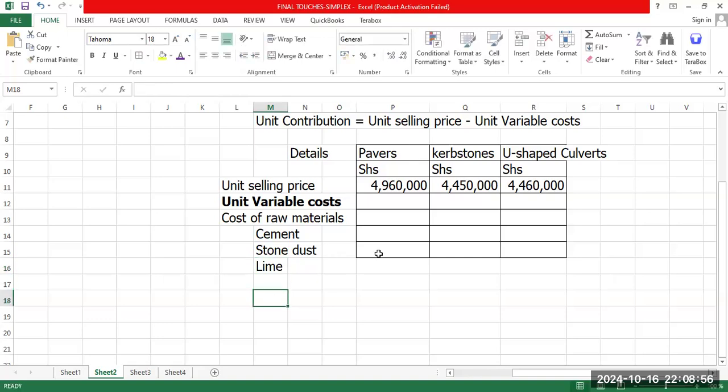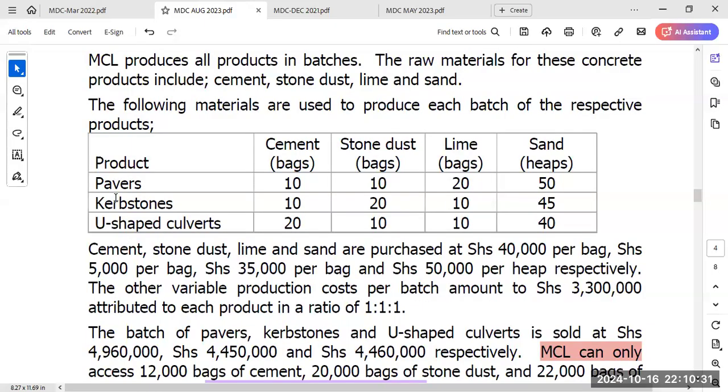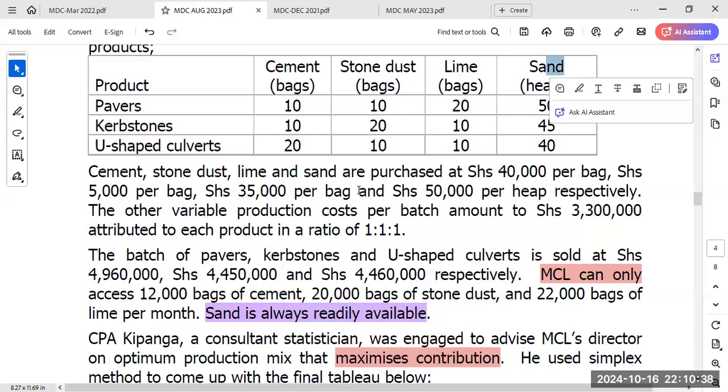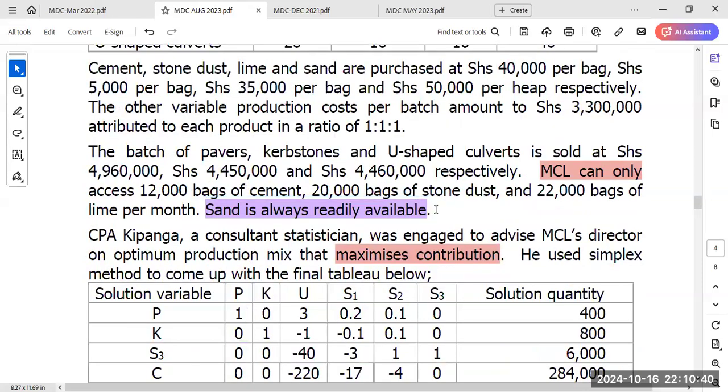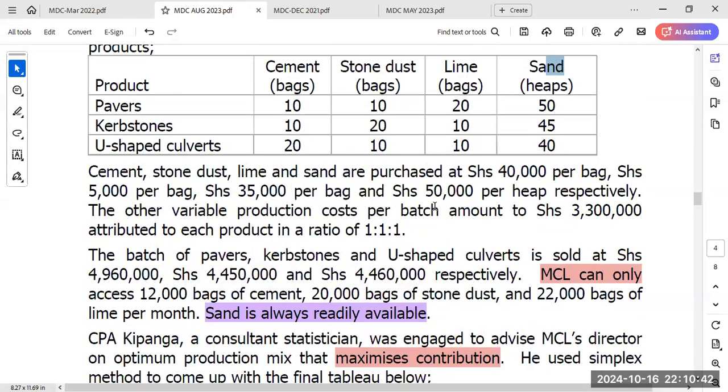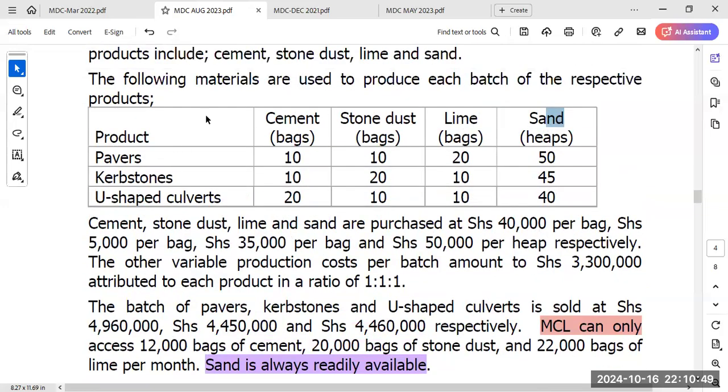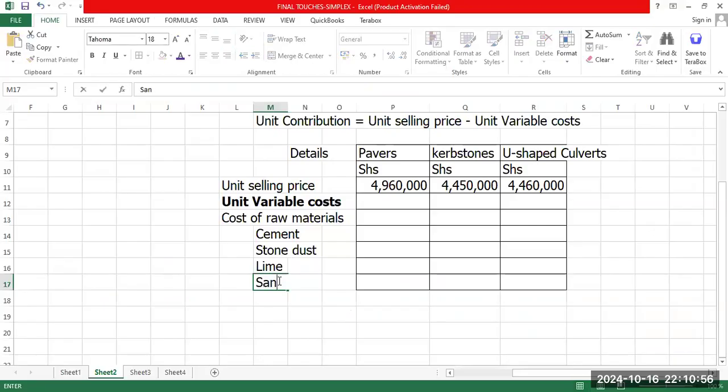You cannot actually produce pavers without sand. Mud sand is not a limiting factor, but it is part of the raw materials you will need as a company, so as you do your workings, we include sand.